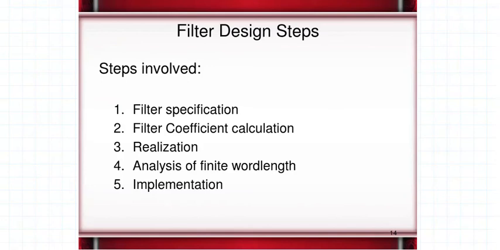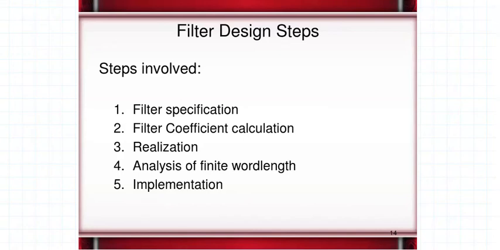What are the steps involved in designing FIR filters and IIR filters? These are the steps which are commonly observed in both. The first step is filter specification. The second step is filter coefficient calculation. The third step is doing the realization of the filter.